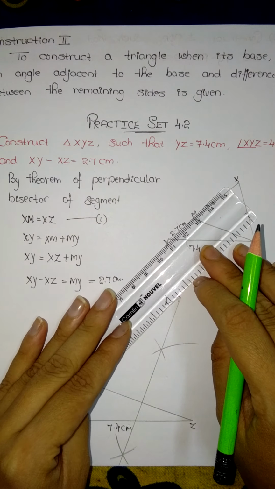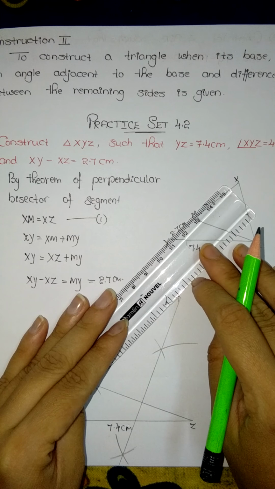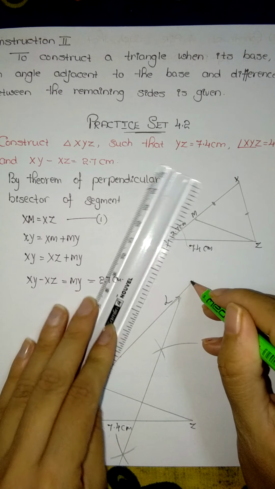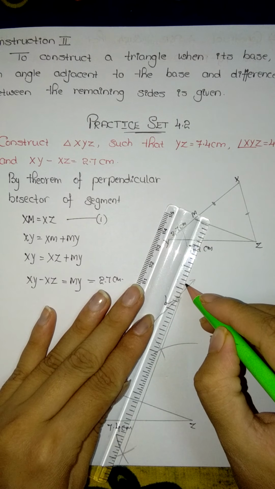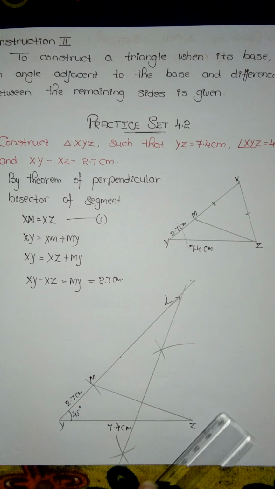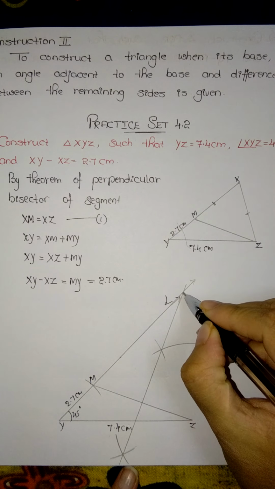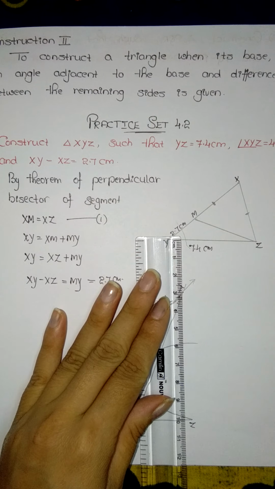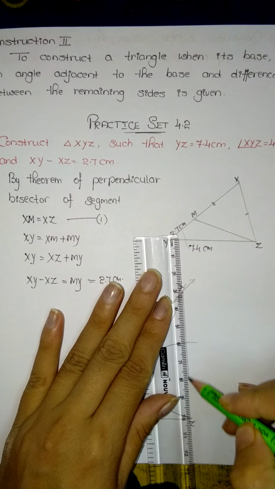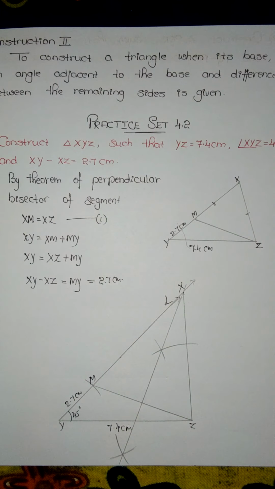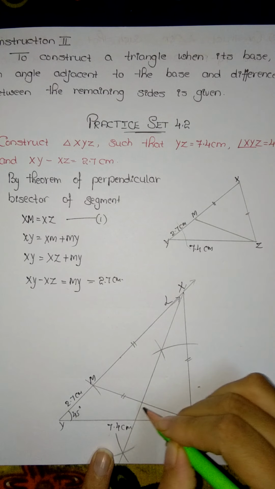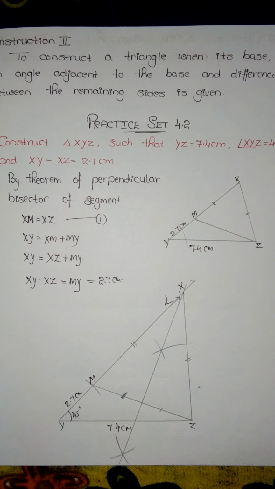So join this or extend this, and this intersection point is called X. Now join X and Z. So here these two sides are equal and these two sides are equal. So it completes our question number 1.